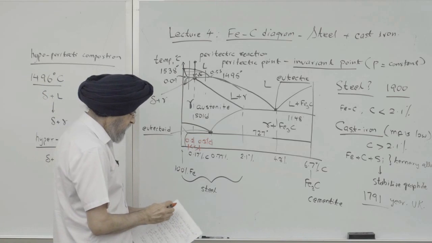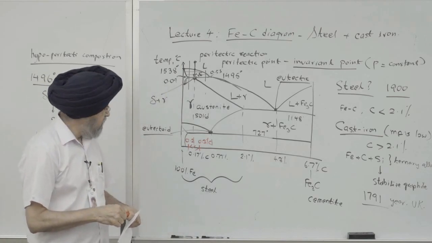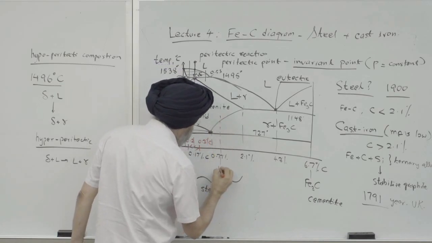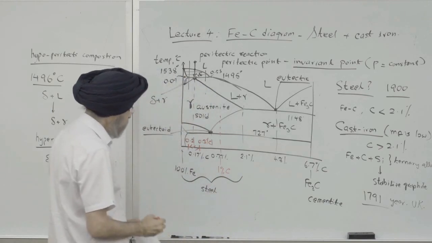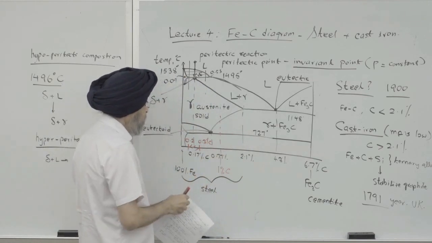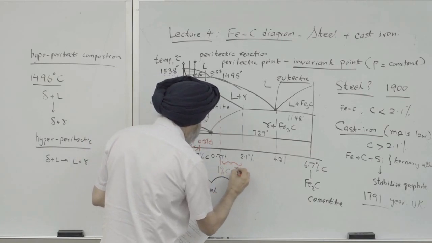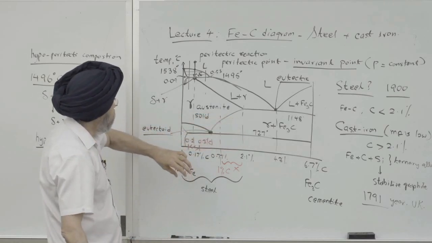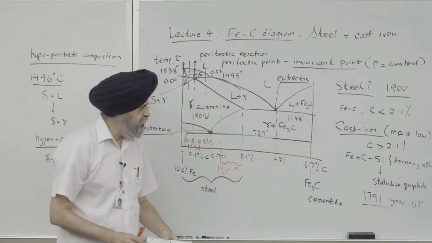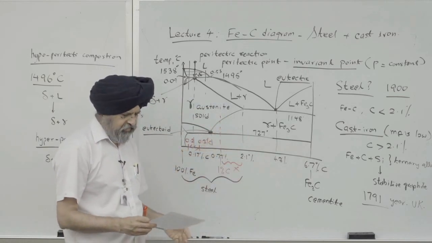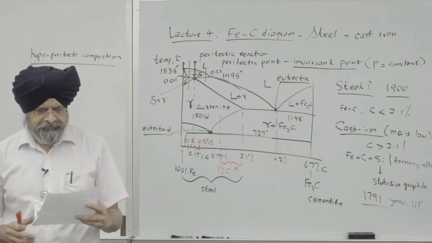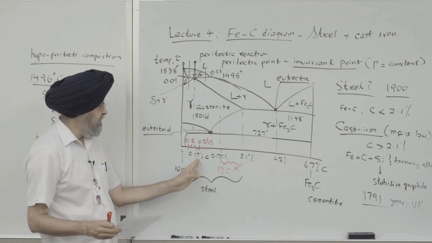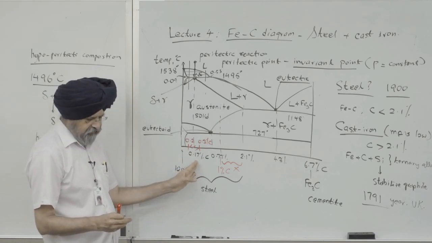Now, if you're making a knife, then of course it's a little different, because you can make a knife or some springs from 1% carbon steel. But beyond 1%, there is not much use of this composition, because, as we'll see, the amount of carbide increases too high, so steel becomes brittle. So typically, the steel ranges from 0.2 to 0.3%. Most structural steel is in that range.